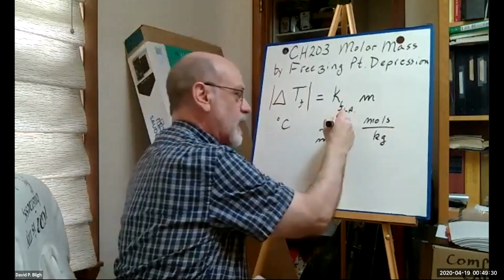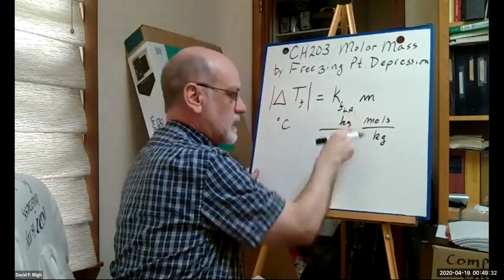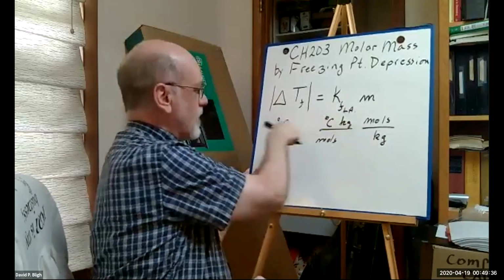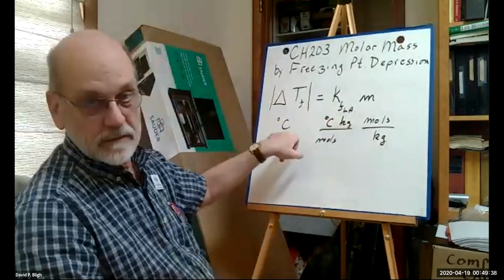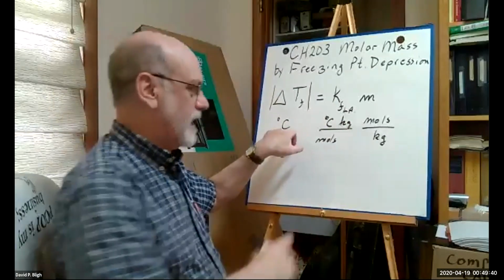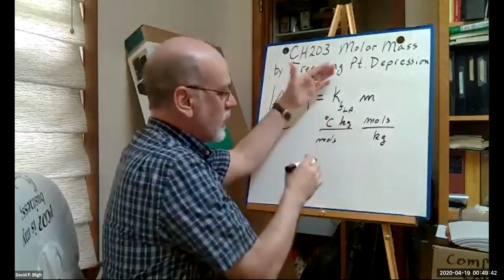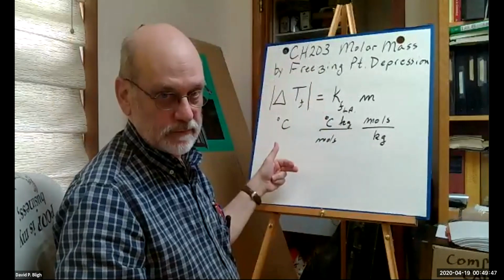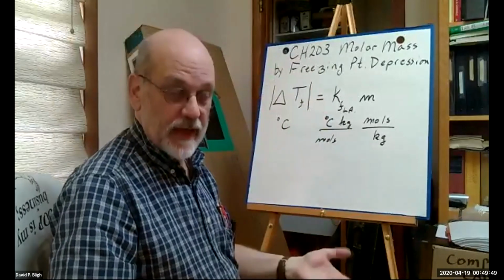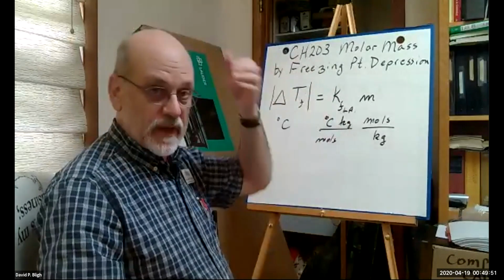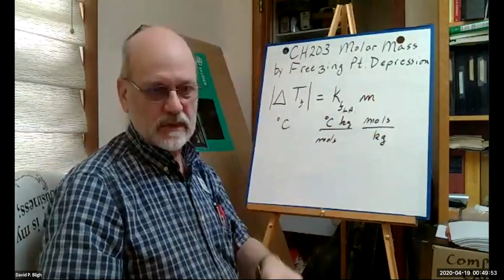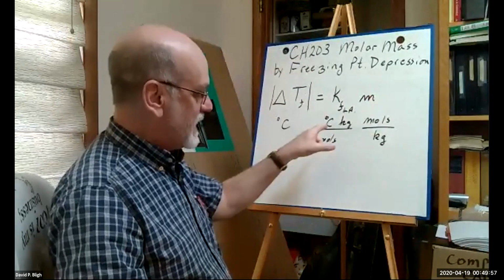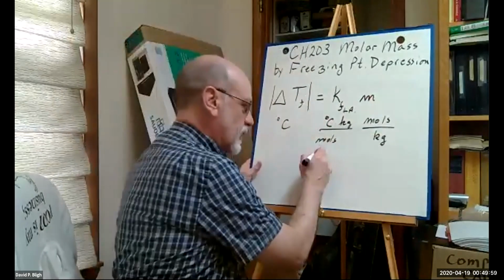You need to have kilograms on the top to cancel. And you need to have degree C on the top to be here, right? So the units of our K value are degree C kilogram per mole. Sometimes, if you look these values up, and they're listed in reference manuals, they may be expressed this way.